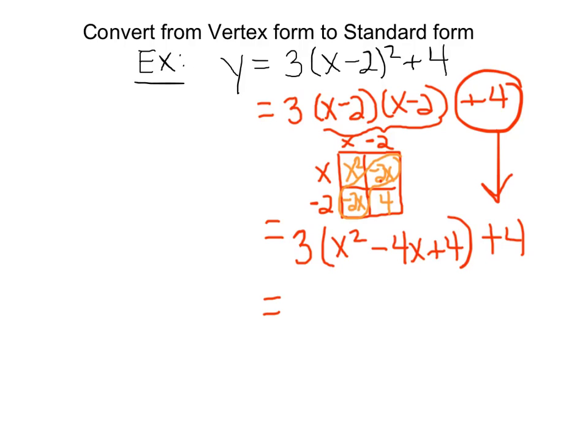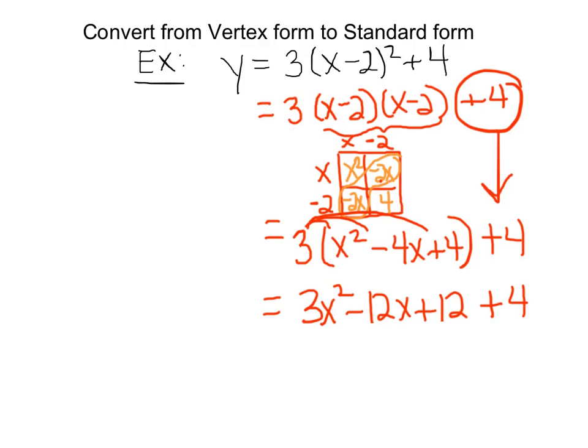Now just clean it up a little. I'm going to need to distribute. So I've got 3x squared minus 12x plus 12. But then I also have this plus 4 on the end of it. And then I have like terms here and here.